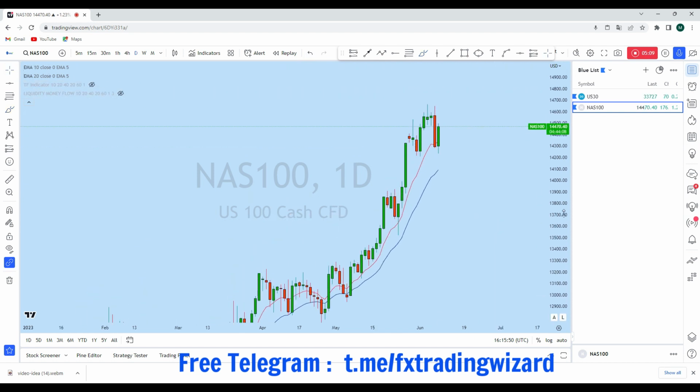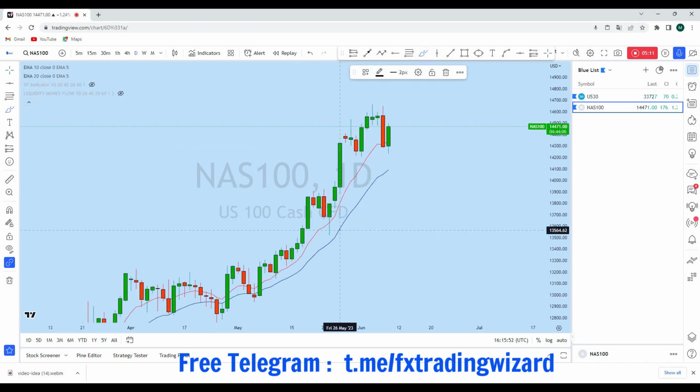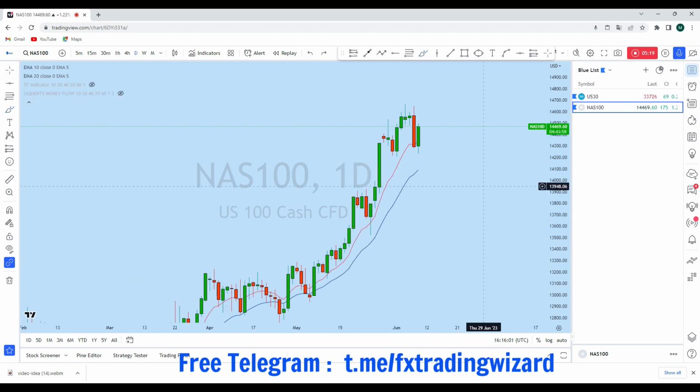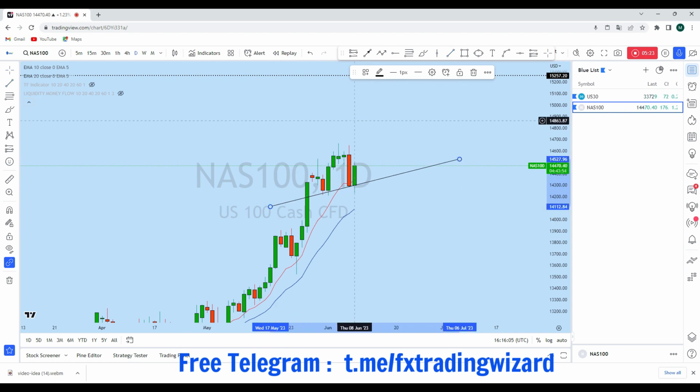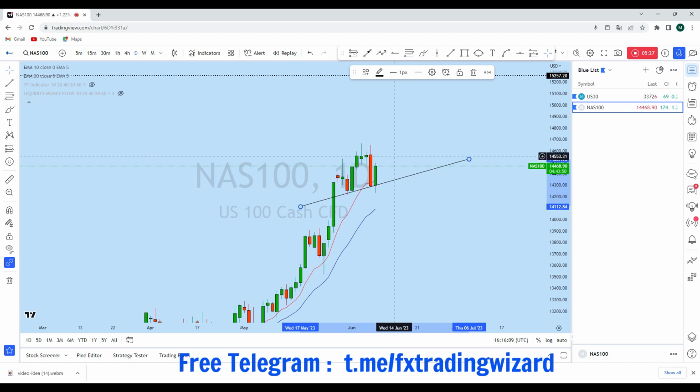Now with this impulse to the upside on the daily, there is a strong impulse, correction, another impulse. Now on today's candle, the price has come to this significant daily level of support here, and this is a rejection from the support, giving a high probability for Nasdaq to continue to rise to the resistance level.